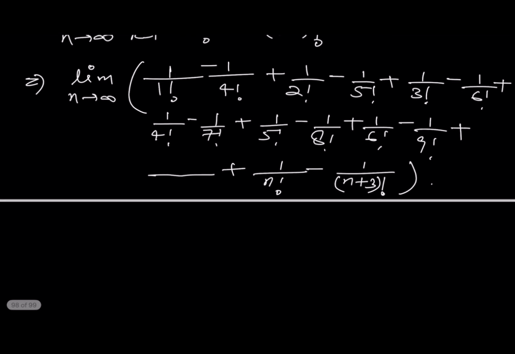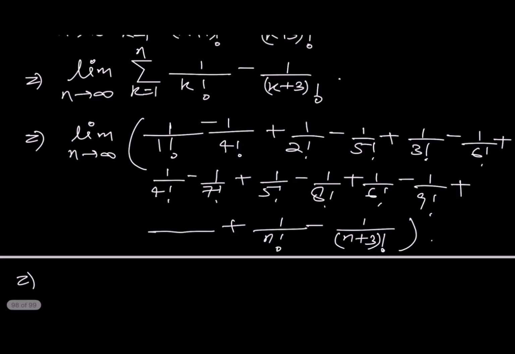Now if I see, terms will cancel out, like minus 1 upon 4 factorial plus 1 upon 4 factorial, minus 1 upon 5 factorial plus 1 upon 5 factorial, minus 1 upon 6 factorial plus 1 upon 6 factorial, right, and so on.